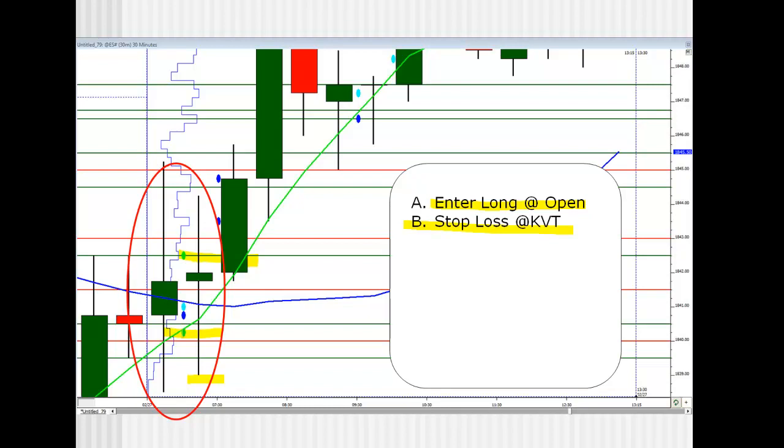Well, if these participants are in fact powerful players and they're going to push prices higher, certainly if prices came back here, they are going to push them right back up. And if they don't protect the territory that they've carved out for themselves and prices continue to fall, I want out of that trade. The commitment just was not there. And if that's the case, certainly take my loss and wait for another opportunity.